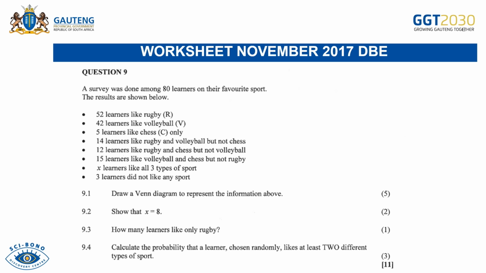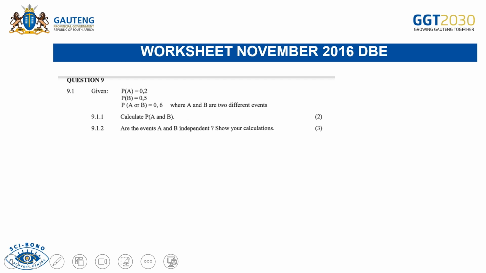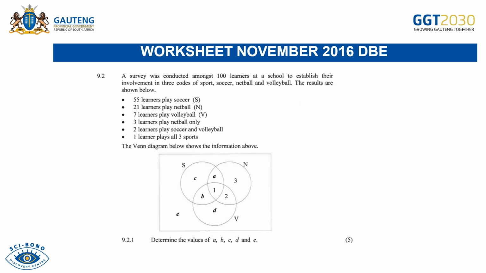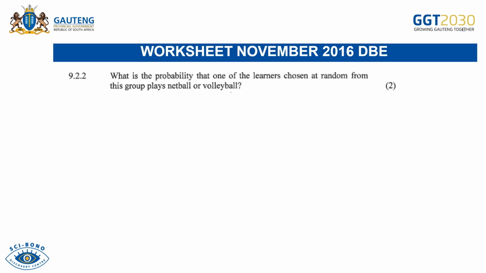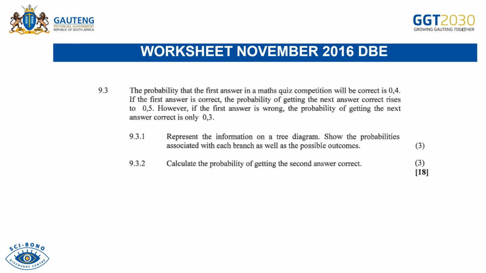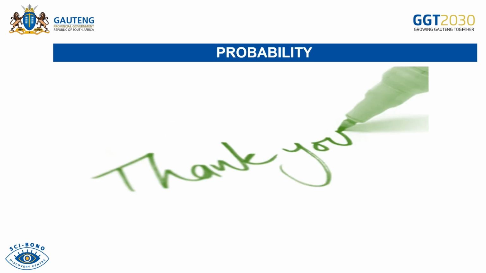Then November 2016 question 9 and 9.2, where you need to analyze a Venn diagram, and 9.2.2 and 9.3.